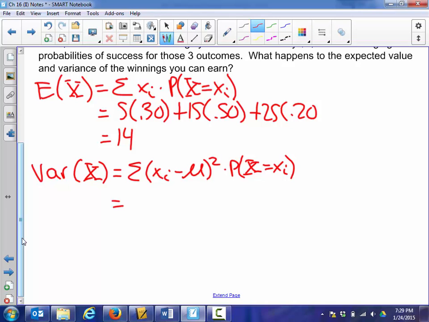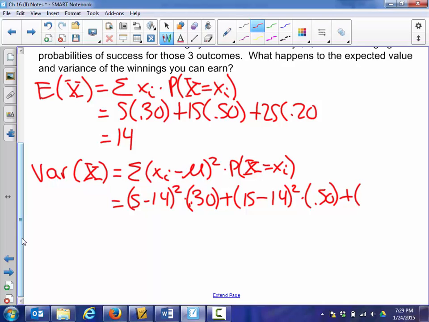So that's 5 minus 14, the mean we just calculated, squared, times 0.30, plus 15 minus 14 squared times 0.50, plus 25 minus 14 squared times 0.20. I calculated the standard deviation, which was 7, so the variance would be 49.